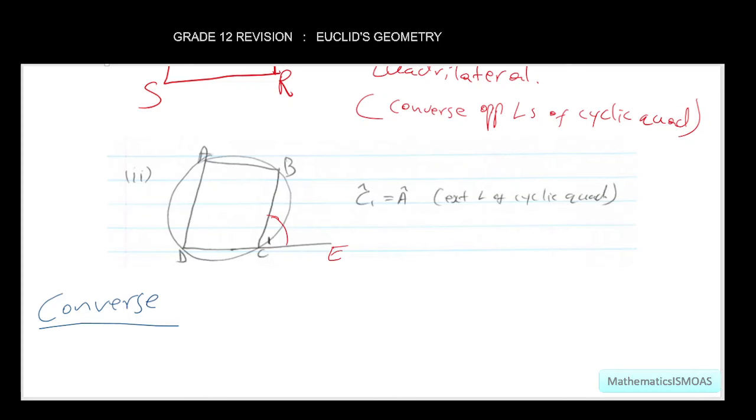And then which angle will be the interior opposite angle? The angle that is adjacent to the exterior angle is angle DCB. Therefore, an angle that is opposite DCB, that is the interior opposite angle.